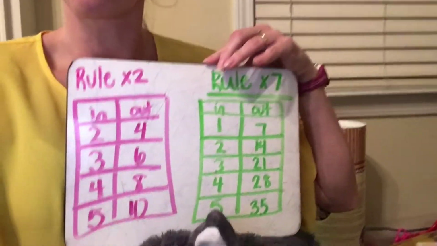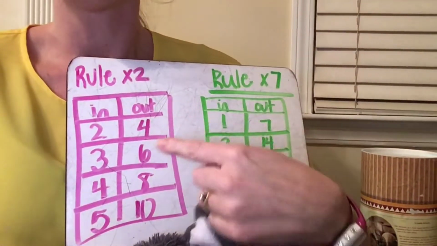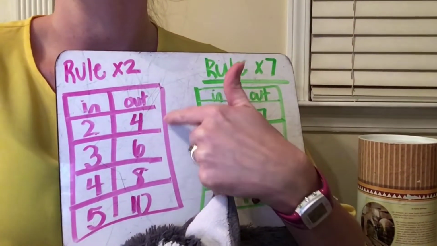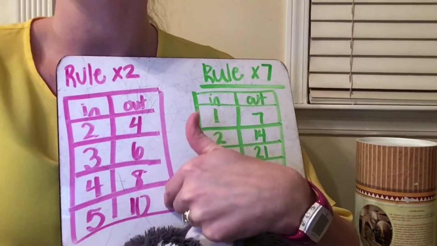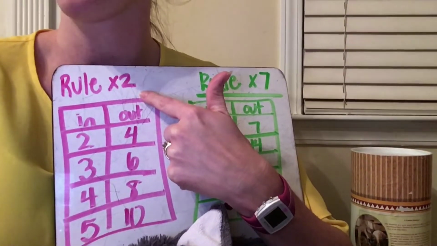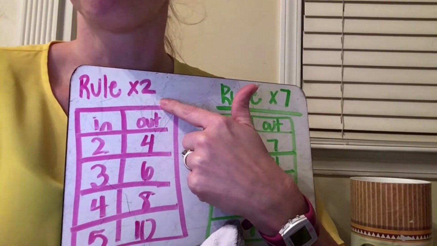So with the rule of times 2, we can see that our multiples, or the outs, when we multiply, sometimes we call our answers multiples if we're having the same number, okay? Sorry, I forgot to introduce you to that vocabulary word.